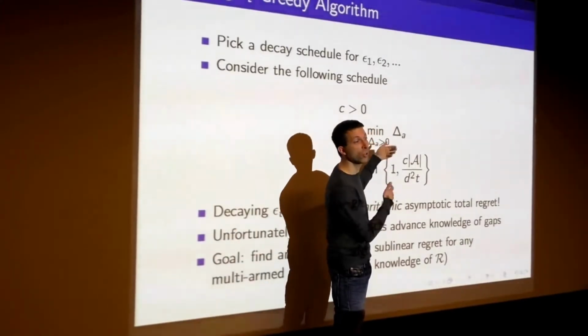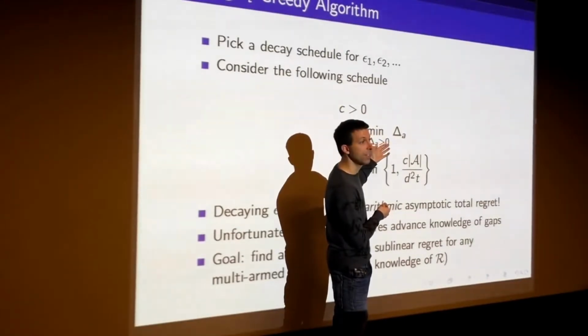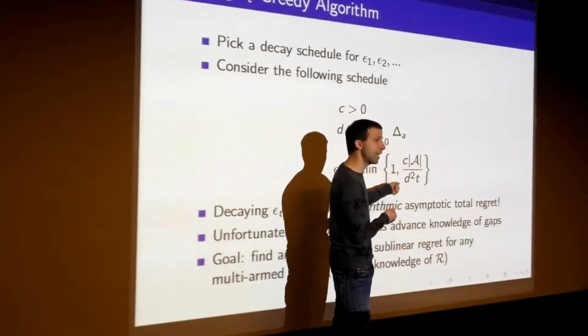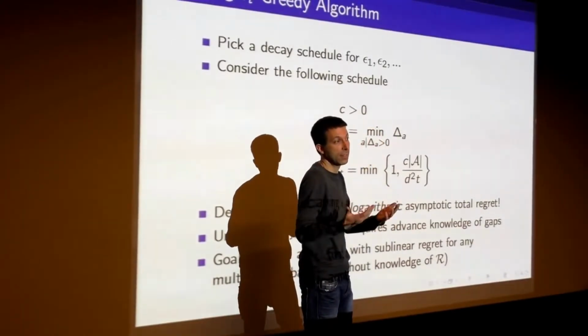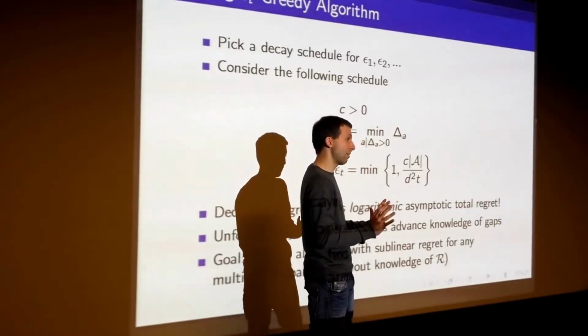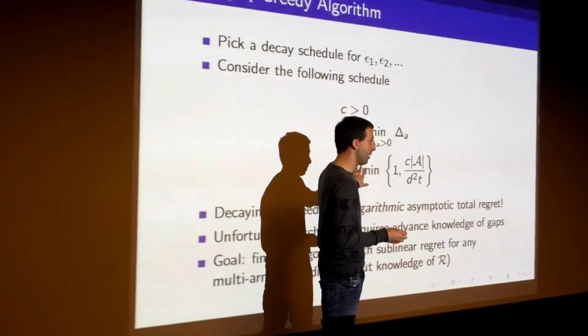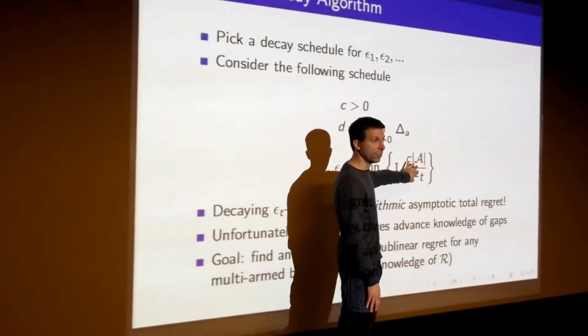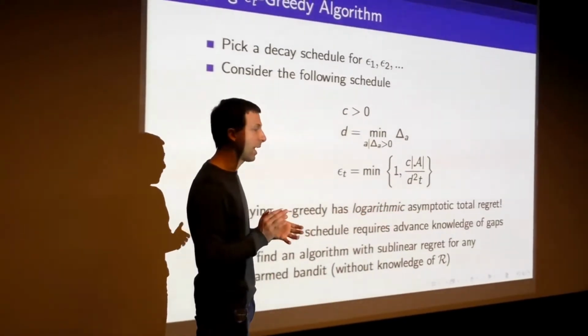One choice would be to use the expectation of the gaps, another choice is to use the min of the gaps. And to use that min of the gaps to just pick your schedule, that just determines the randomness that you use, and then you flip your coin according to that choice of epsilon. So it's a valid choice. You could also use the expectation and come up with a different schedule. So just think of this as one choice for the schedule that depends on the exact individual gaps.